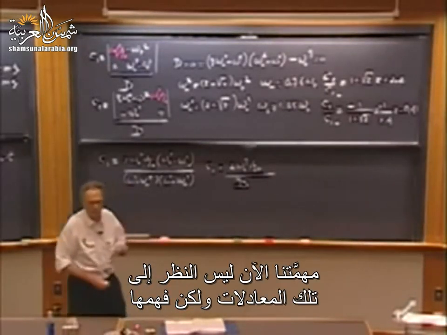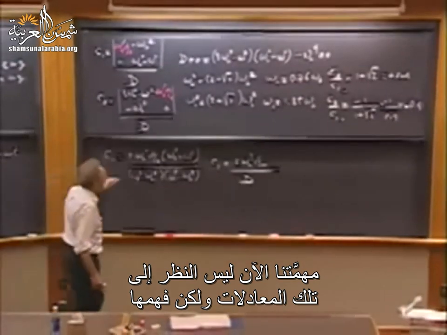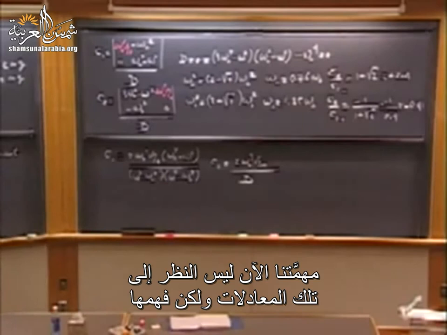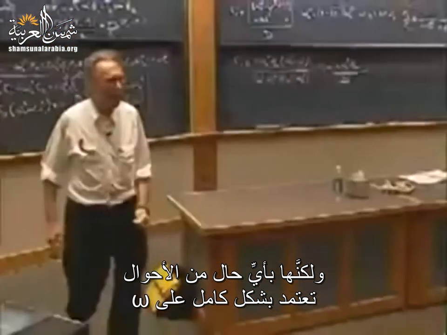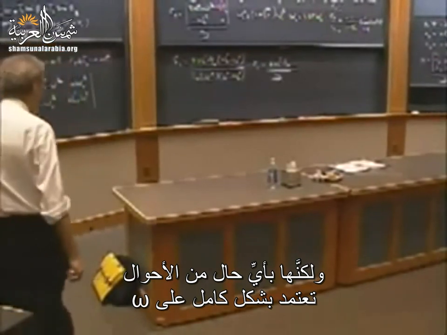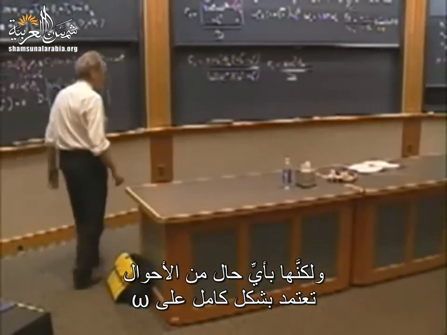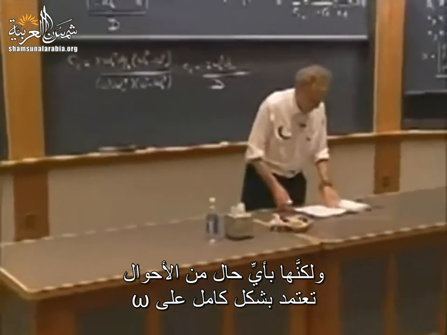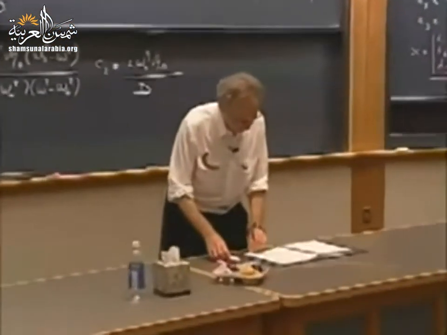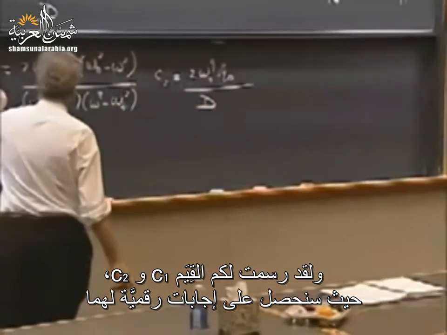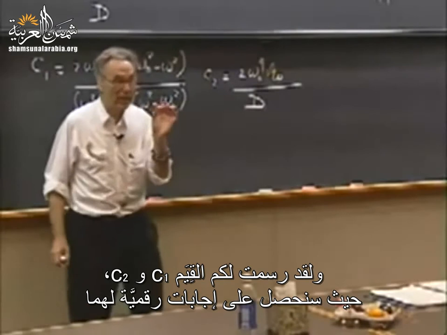Our task now is not to look at these equations, but to see through them. And they are by no means trivial, what they are going to do as a function of omega. It's an extraordinarily complicated dependence on omega. And I have plotted for you these values of C1 and C2, for which you get an answer now.